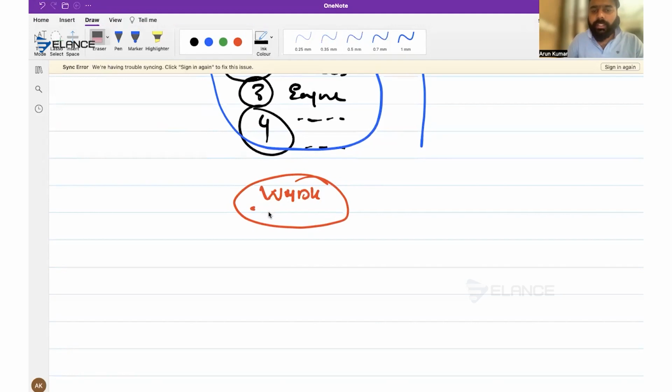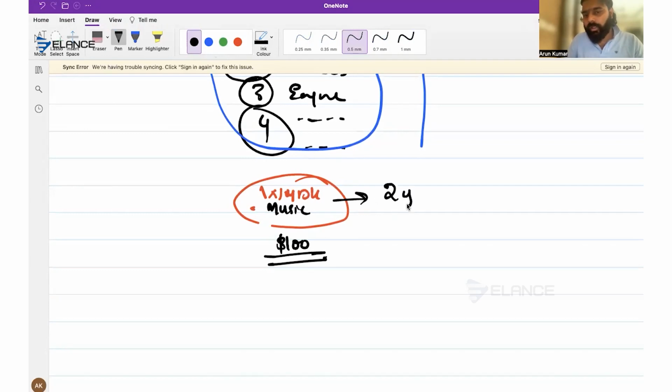Okay. So let's say you are purchasing Wink. For purchasing Wink, it costs you $100. It gives you a 2 year service. So they are providing you with Wink Music for 2 years.